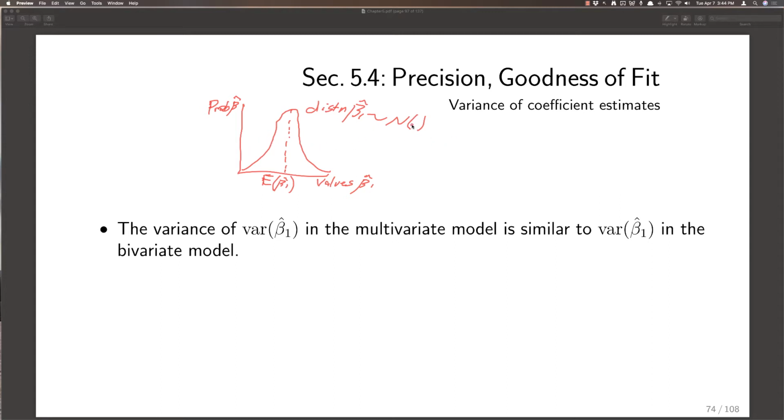So the variance, right? The beta 1 hat is distributed normal with a mean, that is the expectation, and then it has a variance. And we want that variance to be as small as possible, because the skinnier the distribution is, the more likely it is we'll be able to reject the null, right?